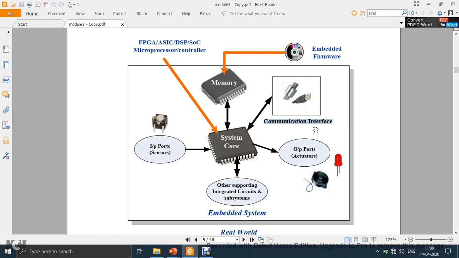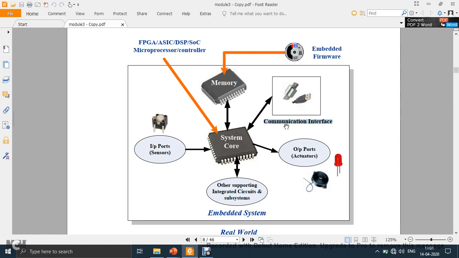We discussed onboard communication interfaces, which are used for communication between the various chips or devices that are present on the same PCB, or on the same SoC, which is system on chip. All of them are wired communication interfaces only.